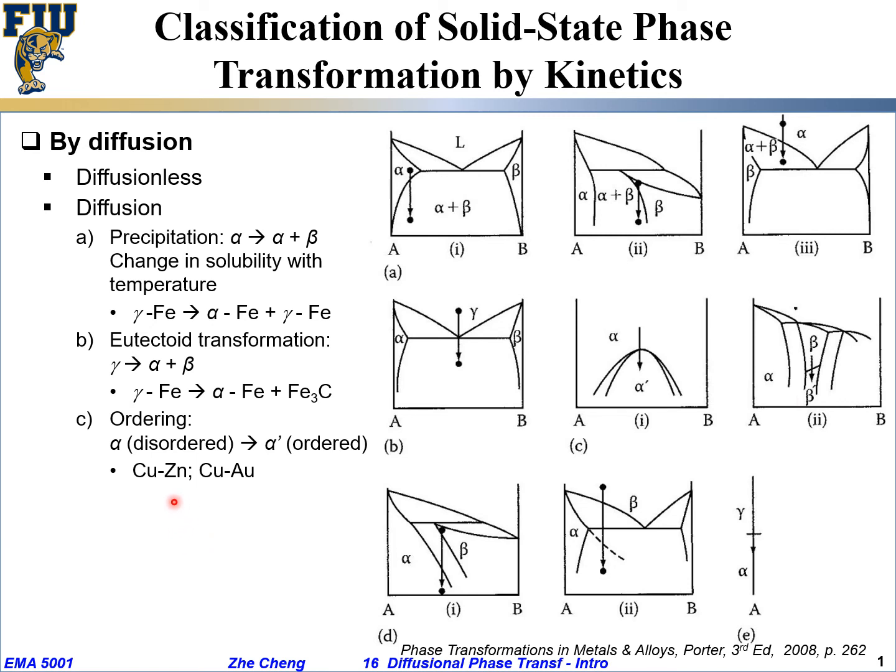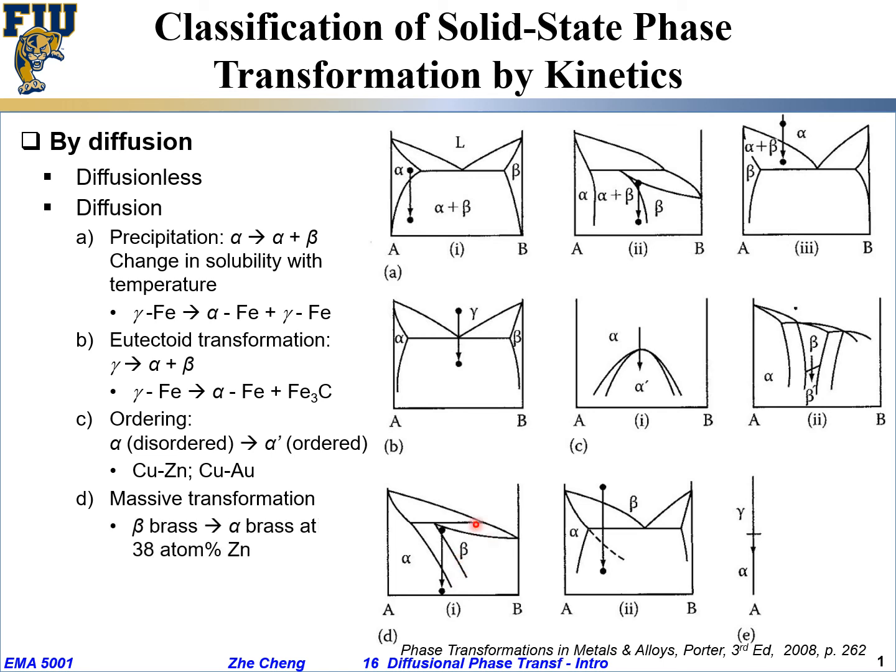And some systems are given here, copper zinc or copper gold, for order-disorder phase transformation. And number D is about a massive transformation, as what we illustrated here, we have a phase diagram something like this, going from the beta phase at the temperature just a little bit below the peritectic temperature, and then this beta phase can completely transform into alpha phase of the same composition without going through the alpha plus beta two phase region.